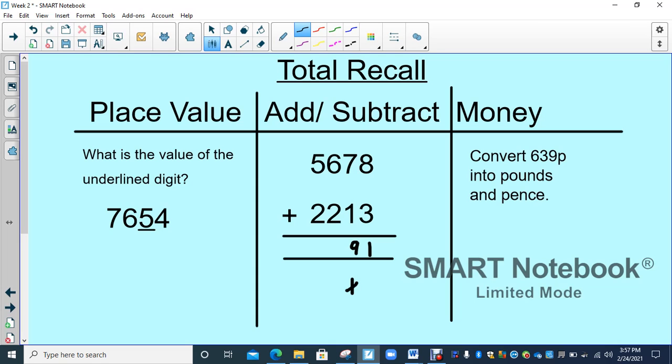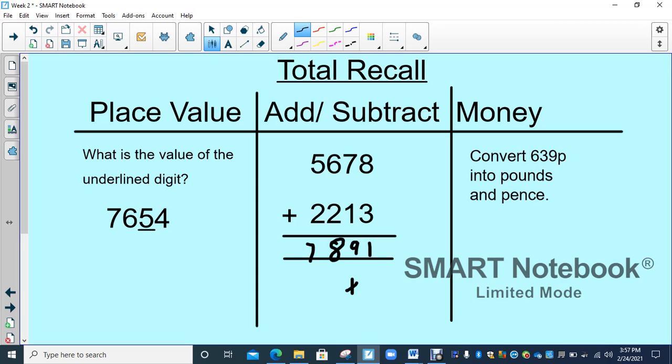Don't forget to cross that one out so you remember what you've done. Then we've got 6 add 2, which equals 8. And then lastly, 5 add 2 equals 7. So I know that these two numbers added together equals 7,891.